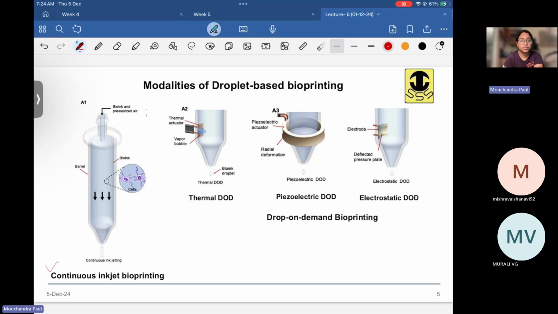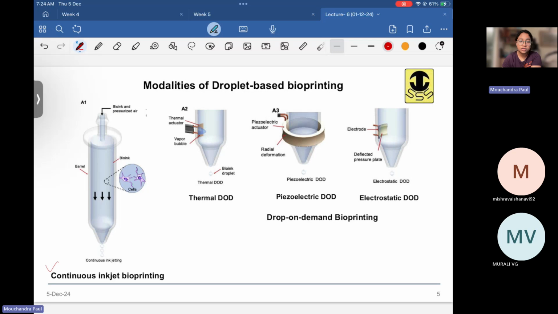So it is not very suitable for bioprinting because you're working with very expensive cells, and also the biomaterials are not that cheap. So if I use this technique for bioprinting, it can become costly. All right. So it is not very translatable in the bioprinting scenario.